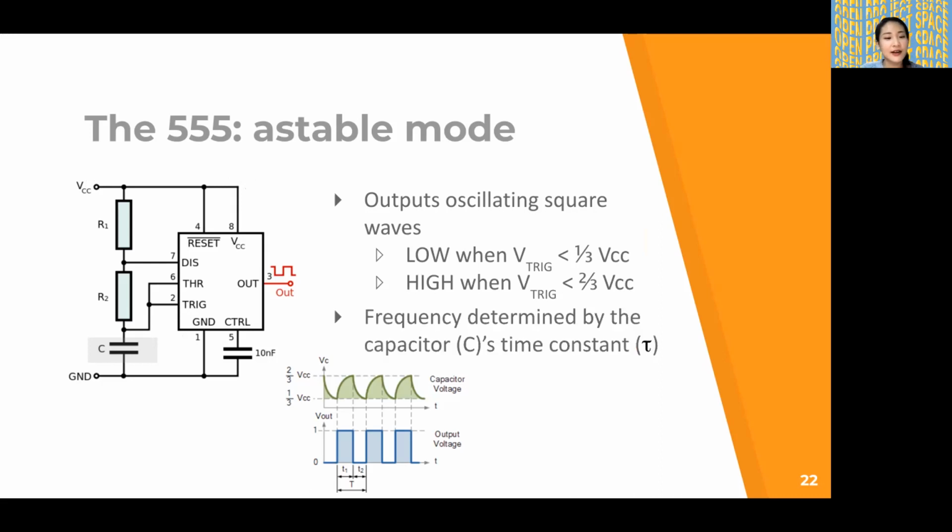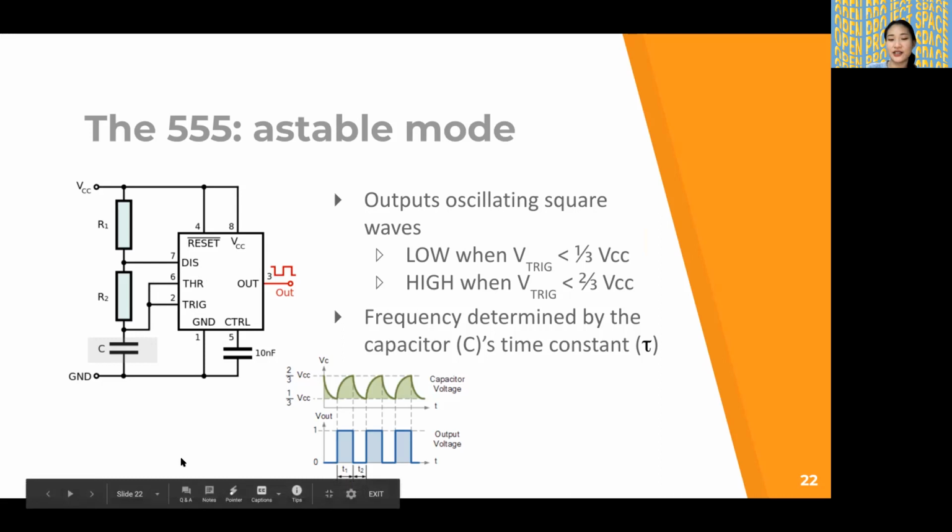And the frequency of these oscillating square waves is determined by the capacitor's time constant. We have a capacitor over here because, as you see, we want the voltage we see at the trigger pin and the threshold pin, which are on the same node, to change over time, but not all the time. We want it to change in some predictable fashion.